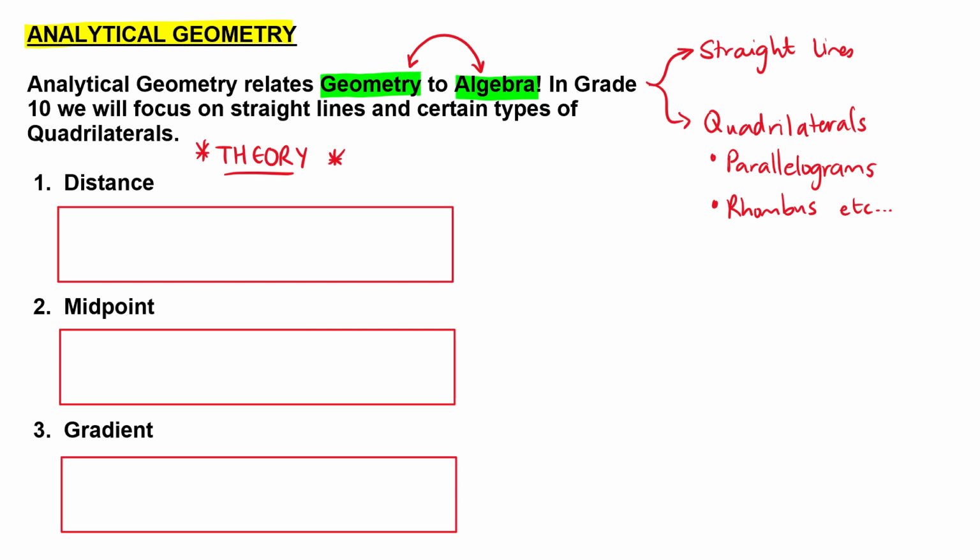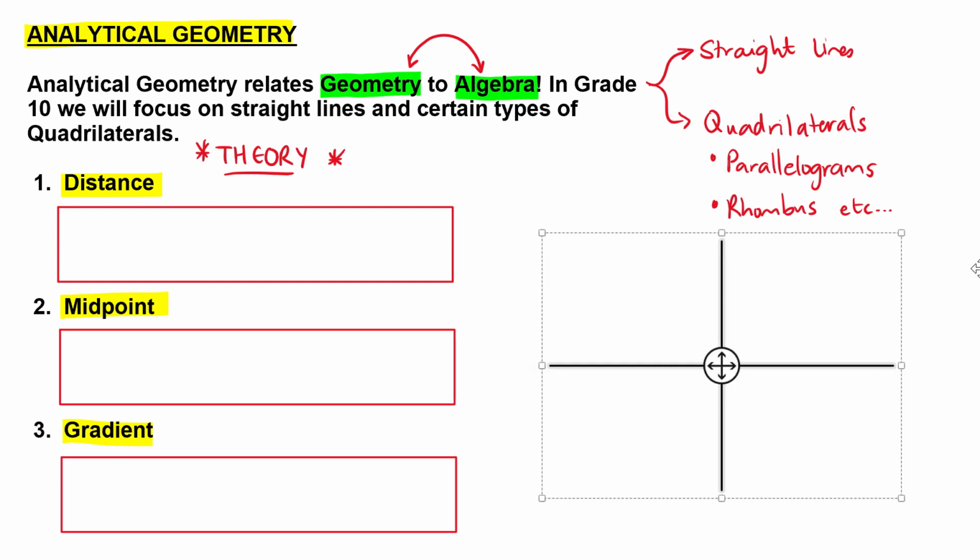So, to begin with, let's outline the three formulas that you're going to deal with, which is distance, midpoint, and gradient. The convention that we use for writing these points out starts by us looking at any 2 points on the Cartesian plane.